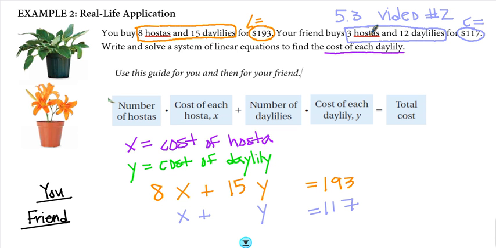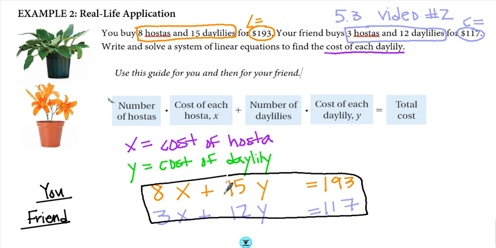And 3 hostas, and X is hostas, so 3x. And how many daylilies? 12 daylilies. So our second equation is 3x plus 12y equals 117. So we used our story and this guide to write our system. Now I'll keep this and continue on with this problem on the next page.